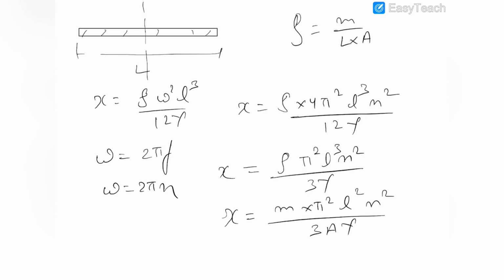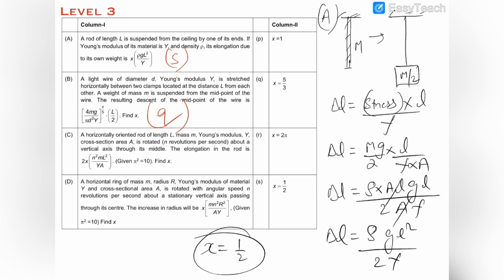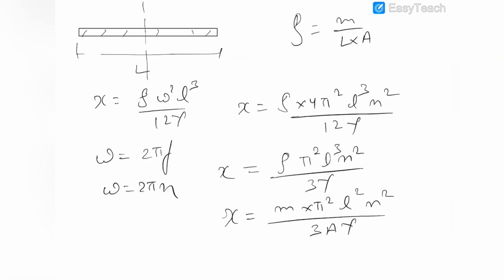Now if we compare it with this expression, n square m L square by gamma a into 2x. This x is the extension, so don't get it confused, I am writing it down as delta L to avoid any confusion. So this is delta L.